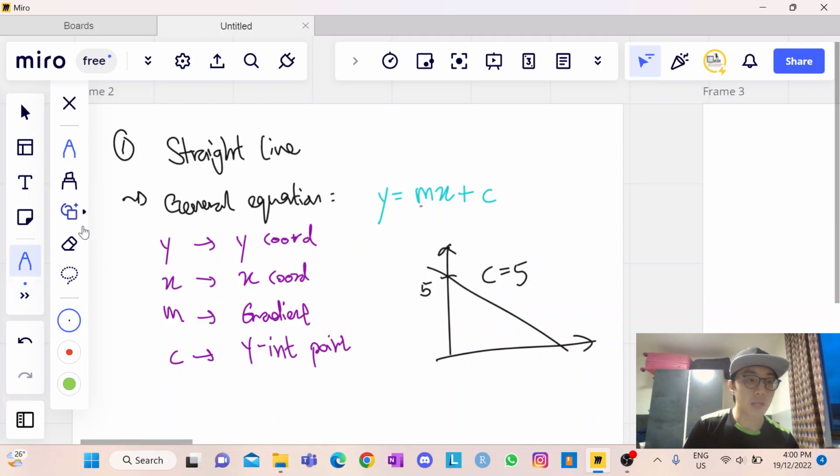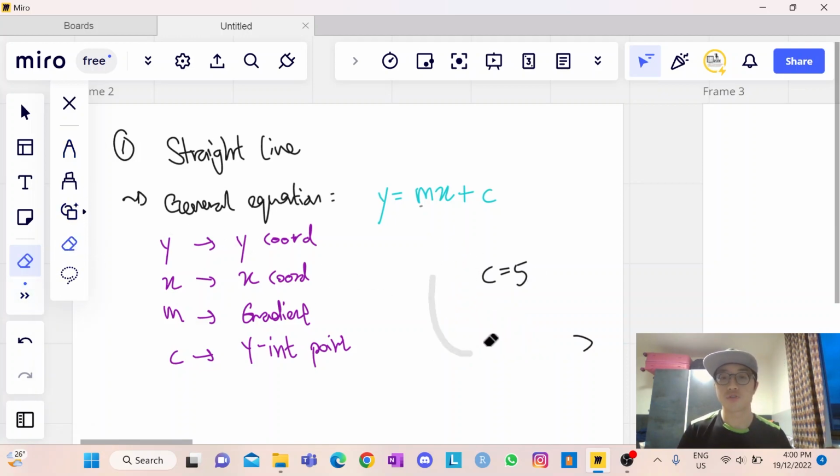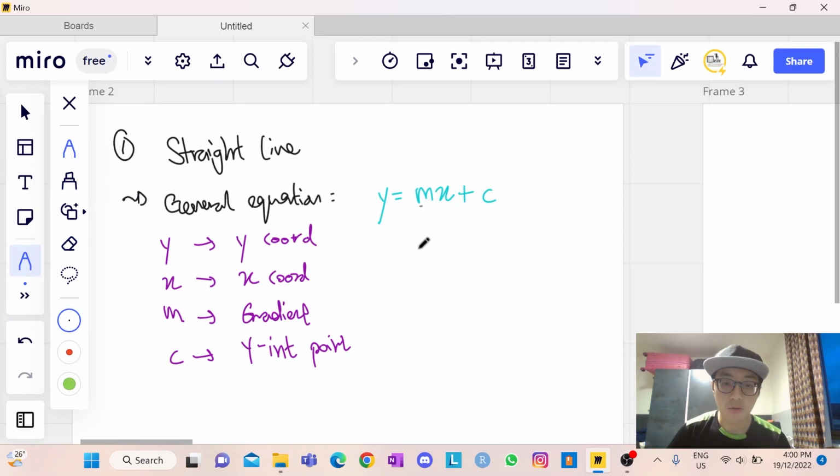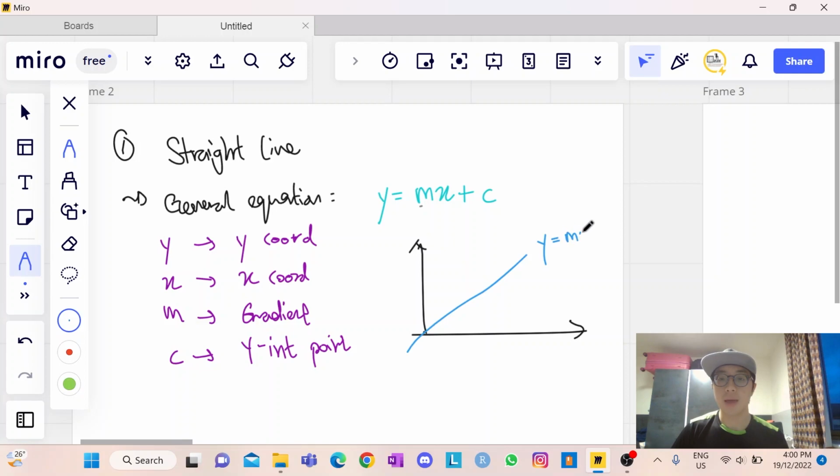Why will I name it the height of the line? I'm not sure if it's an official term, but I will name this c the height of the line because if you have a line like this that touches the origin, we always name it y equals mx, since c equals 0.